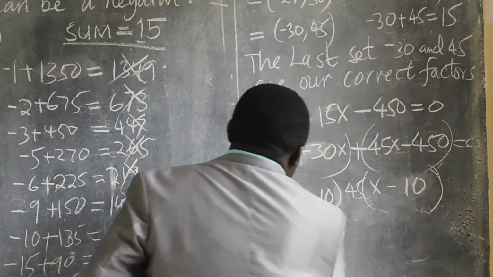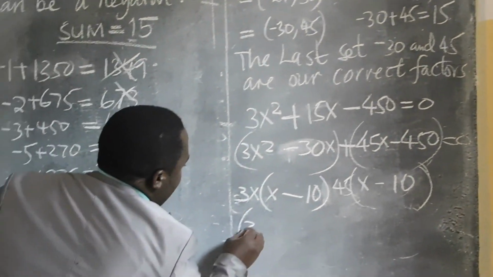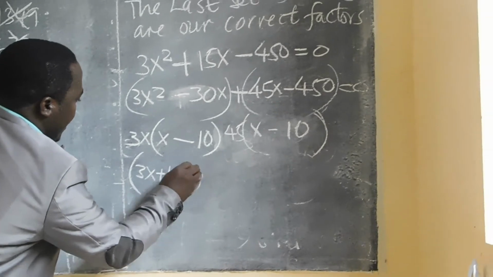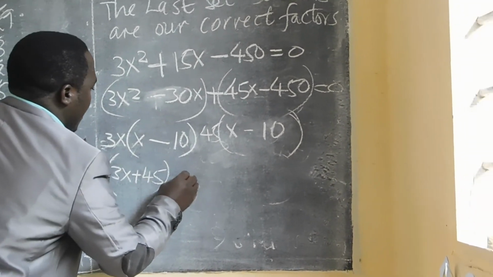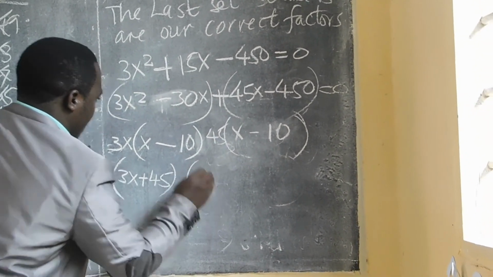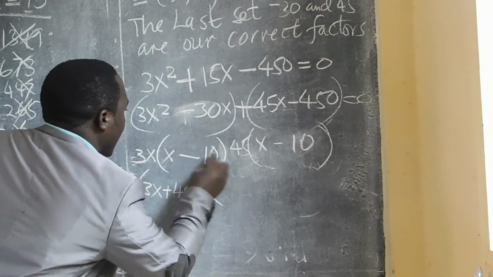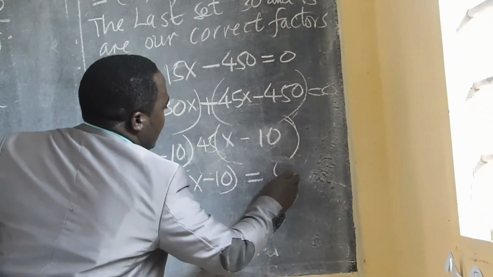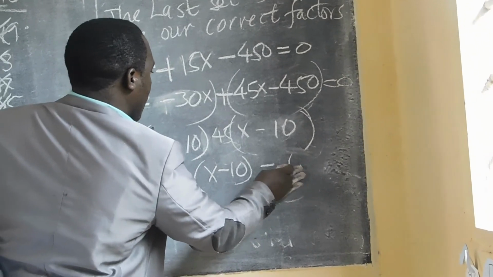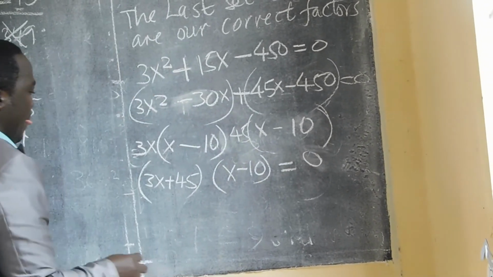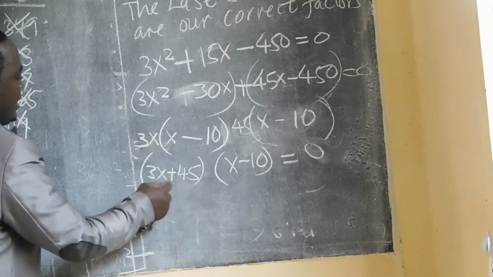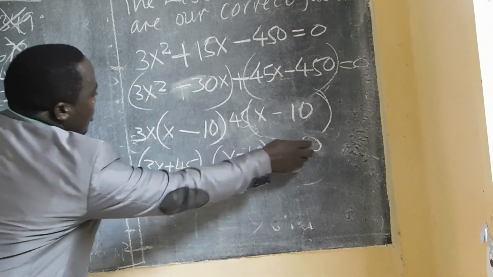So here now we have gotten 3x plus 45 and also x minus 10, which is equal to 0. So, in order to get the value of x now, we let these two expressions, each one to be equal to 0.